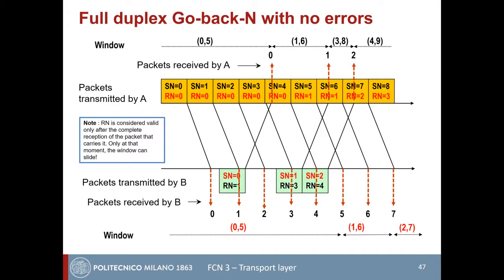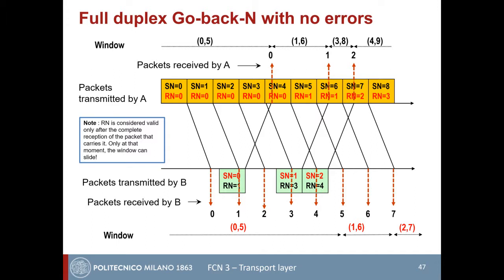At a certain time, B generates a packet and sends it back, and you see that the first packet that is sent by B has Sn equal to 0, it's the packet number 0, but Rn is equal to 1 because it is acknowledging the first packet received from A. Okay? So Rn equal to 1 in black means that B received correctly Sn equal to 0, the packet 0 from A, and B is waiting for packet number 1 from A.